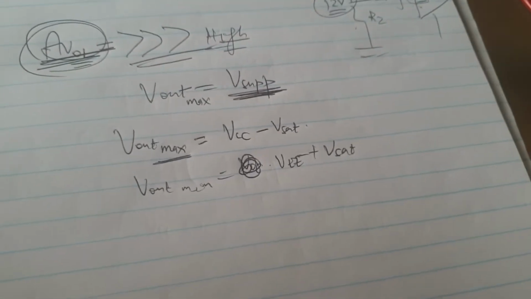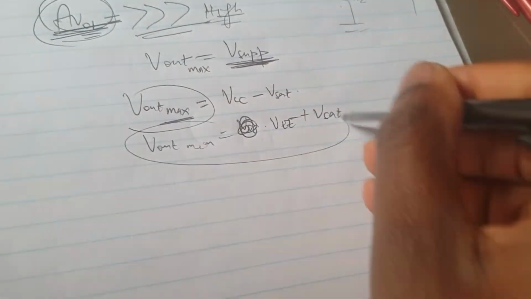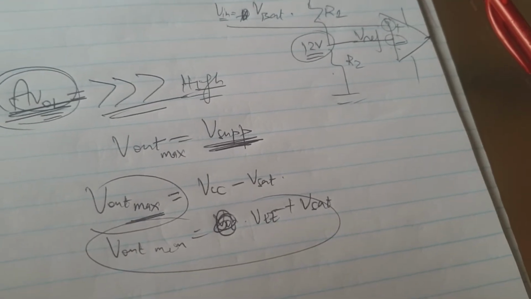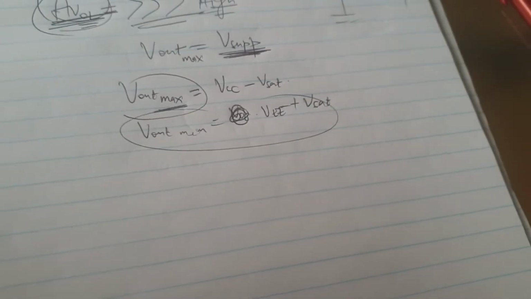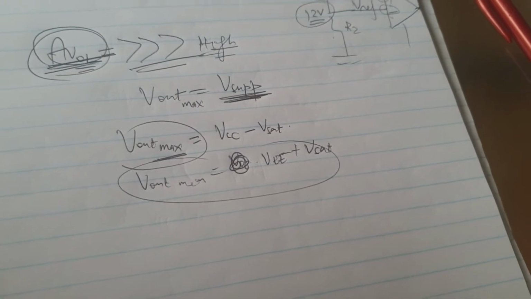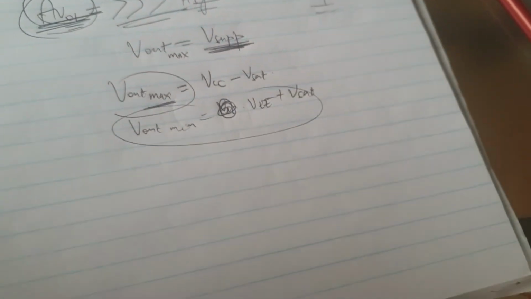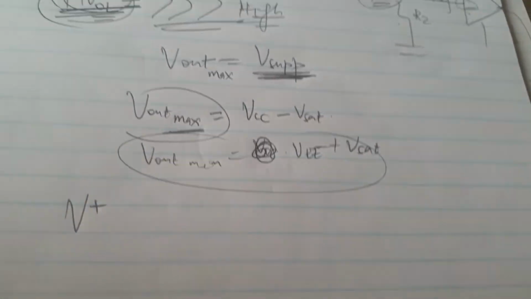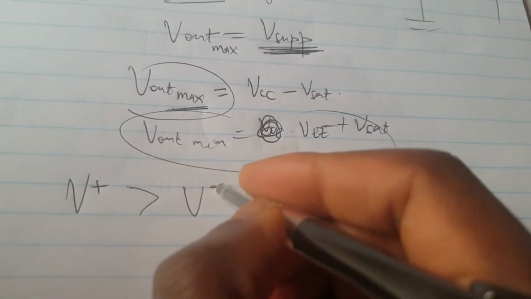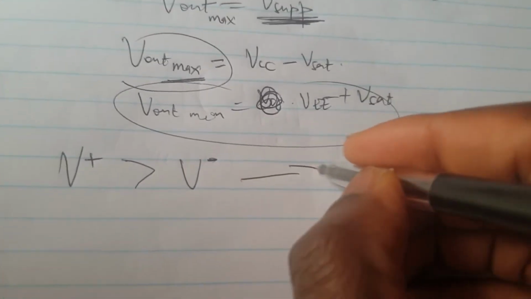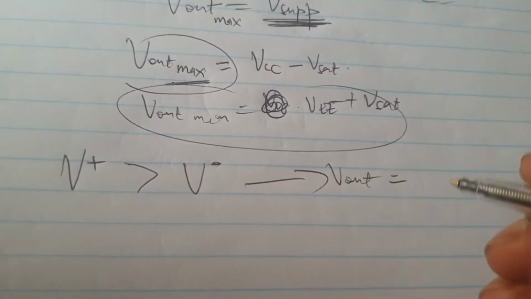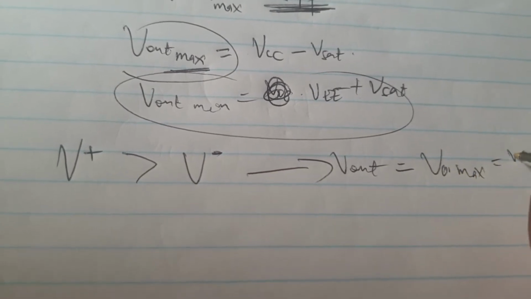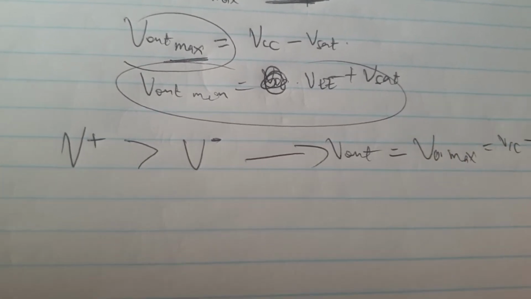So the output is expected to be limited to those two. But which one will it be, V out maximum or V out minimum? That solely depends on how the two input voltages compare to each other, and that's the role of a comparator. When the voltage at the positive input is greater than the voltage at the negative input, the output voltage will be limited to the maximum output voltage, which is VCC minus VSAT.